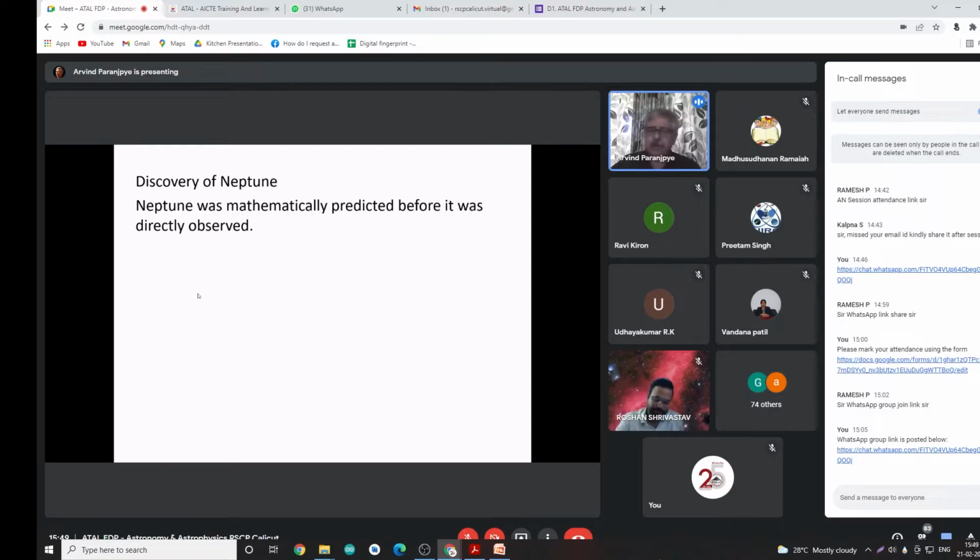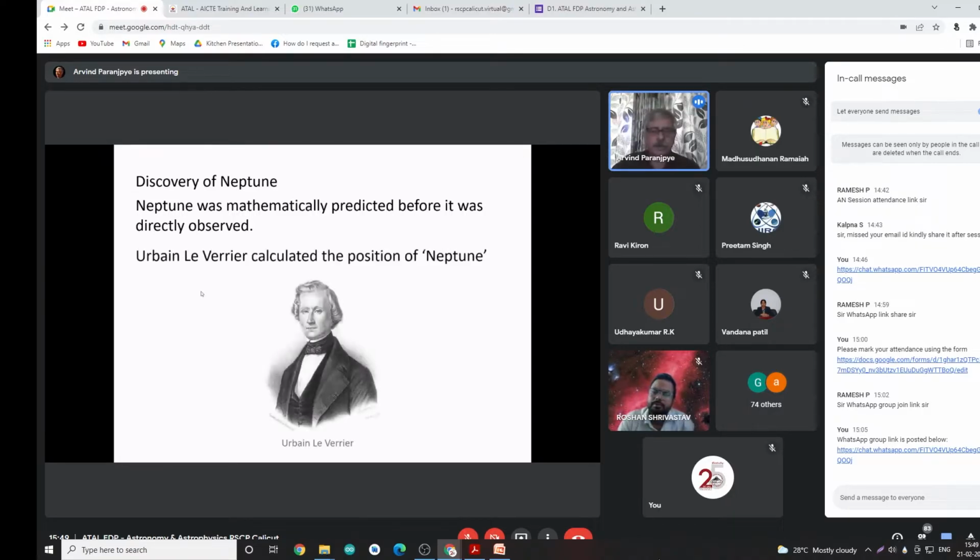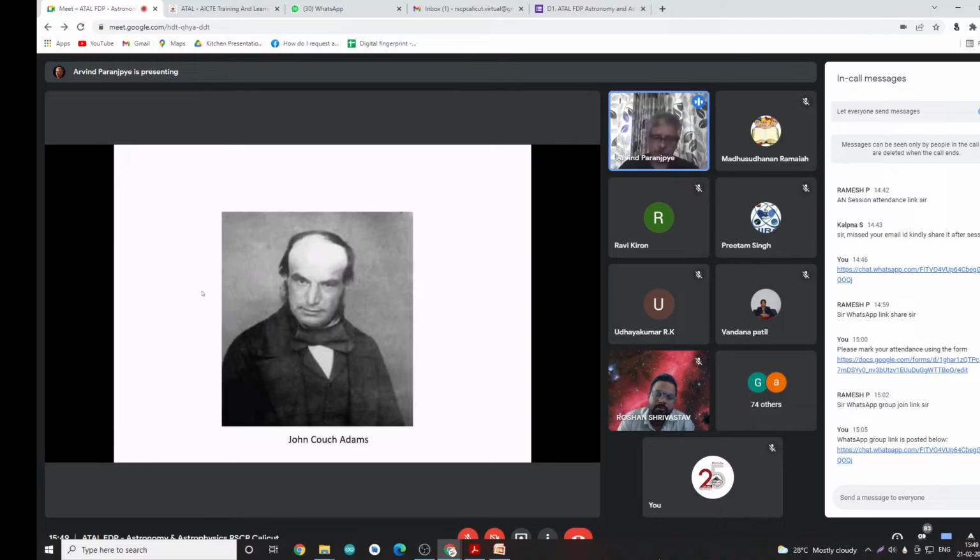And who are the players? There was Urbain Le Verrier in France. He made the calculation. There was John Couch Adams, an English mathematician. Unfortunately, this is the only picture of Adams, and there is nothing more available.